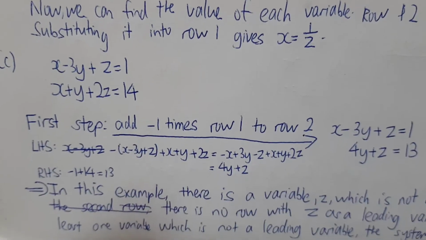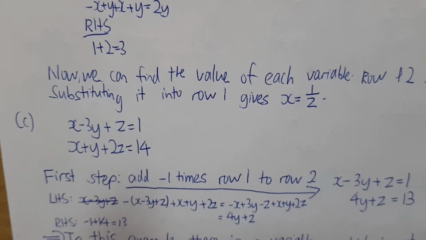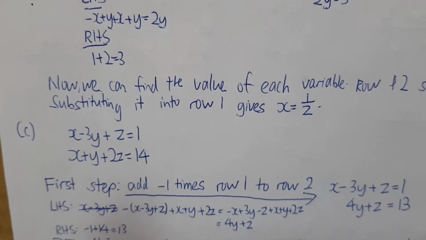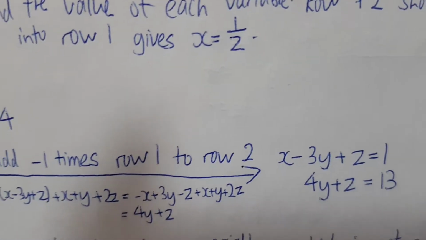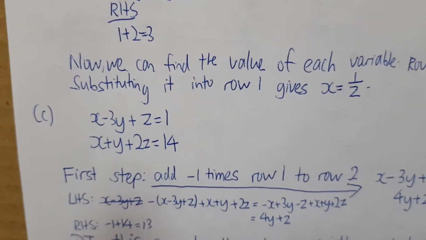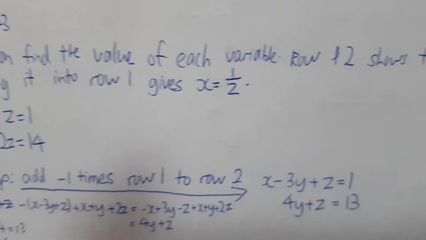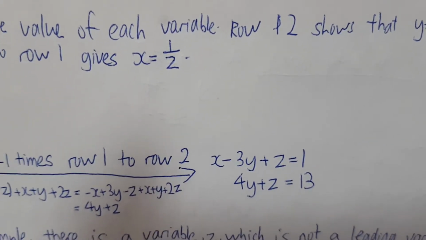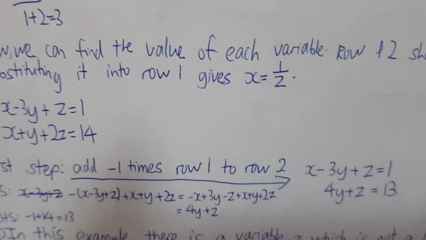The left hand side works this way: minus x minus 3y plus z plus x plus y plus 2z gives me 4y plus z. And the right hand side is minus 1 plus 14 equals 13. Hence we get this equation. From here, we transform to here.